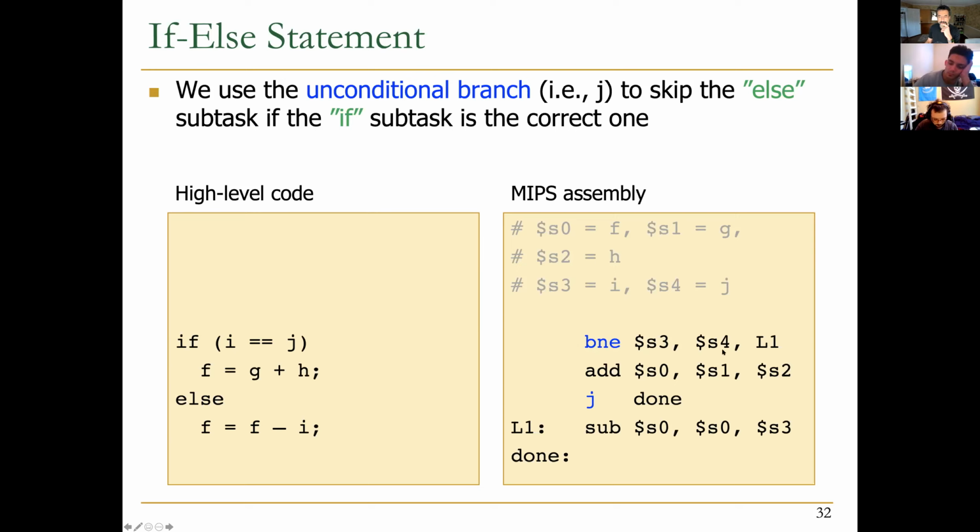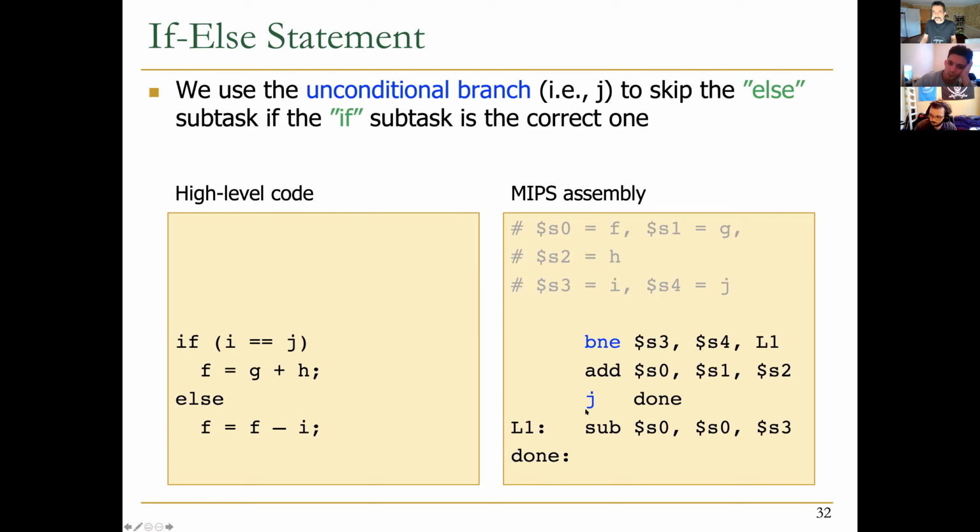So if S3 and S4 are equal, then this branch won't happen. We execute the add instruction. Then we need to make sure that once we execute add, we don't execute this subtraction.